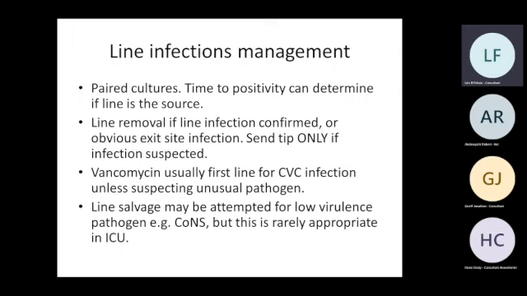And this definition is universally acknowledged. The other way to do it is to do colony counts, but that's extremely difficult to do. So time to positivity is what most places use to determine if this is a line infection. But this is only possible if you actually do the paired cultures, and it is only accurate if you do it at the same time and if you put the same amount of blood volume in each sample.